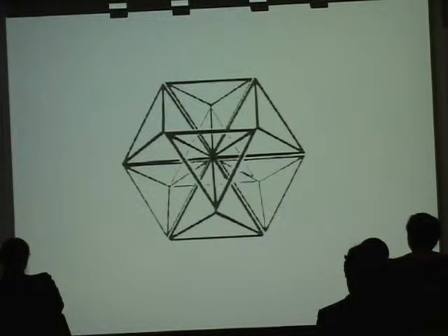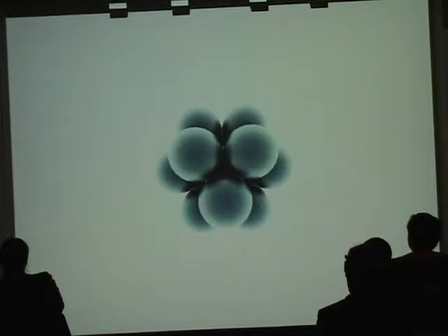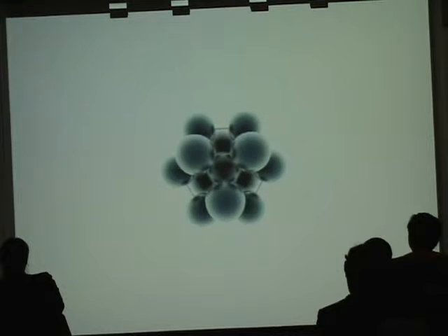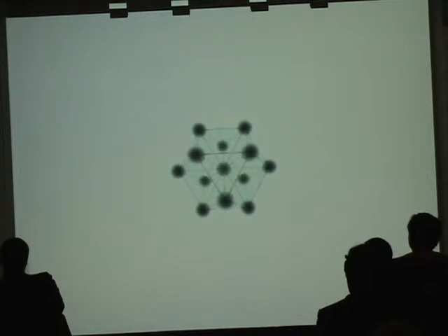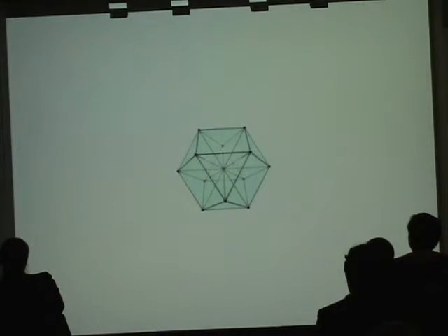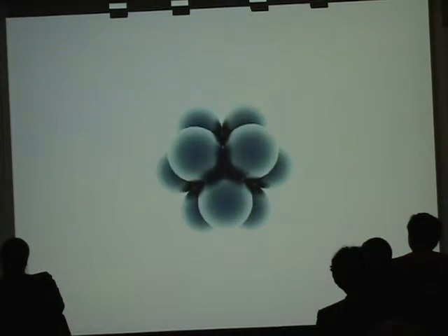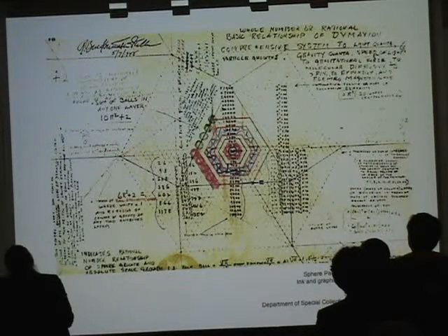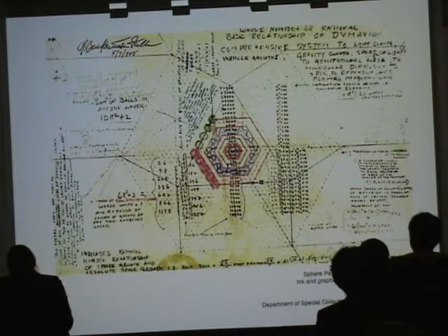If you take the center of each of those spheres and connect them, they will connect with lines all of equal distance, including the center. So the center of each sphere, including the center sphere, connects to all the others with lines that are equal distance. He called this vector equilibrium. And it was the most fundamental unit of what became the geodesic system.